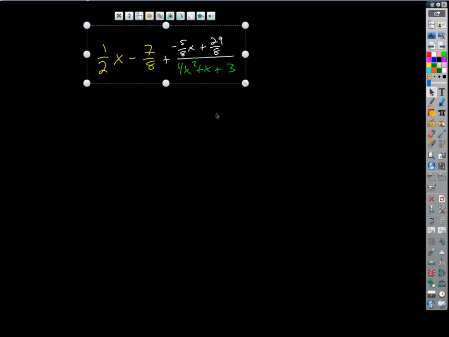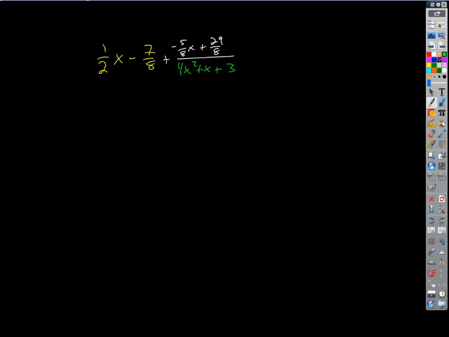So what is the limit of this whole thing as x approaches plus or minus infinity? Well, we can see we're going to get plus or minus infinity, but more importantly, what's going to happen to these terms? This one's going to grow really big, right? This one is constant.